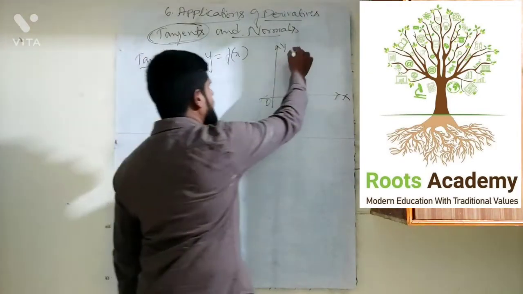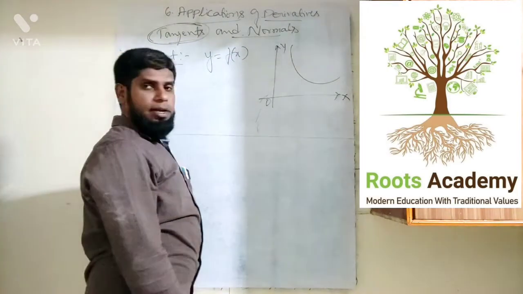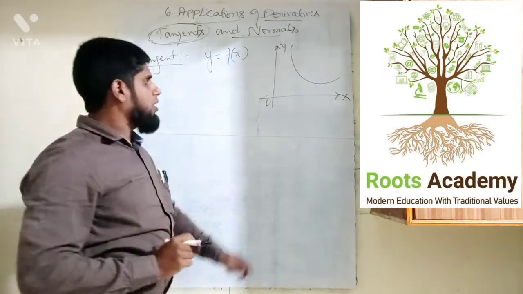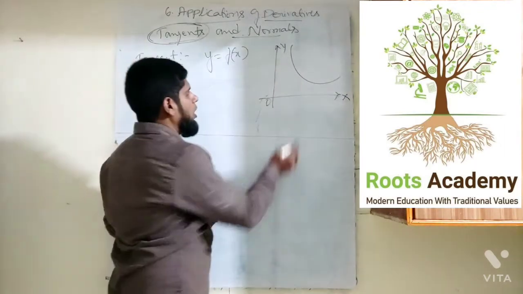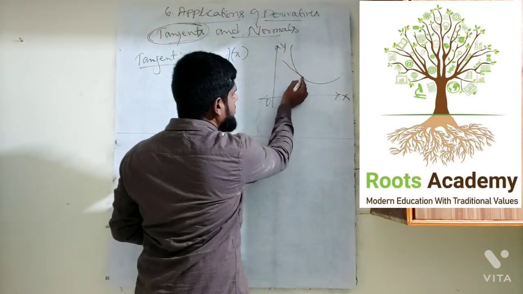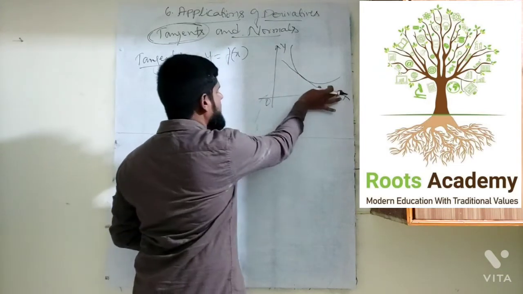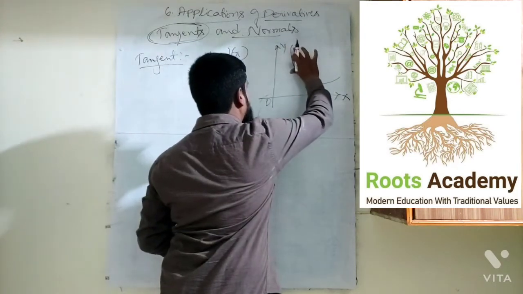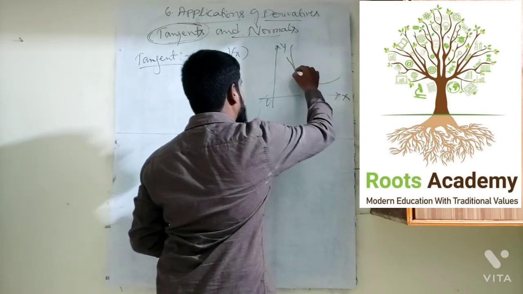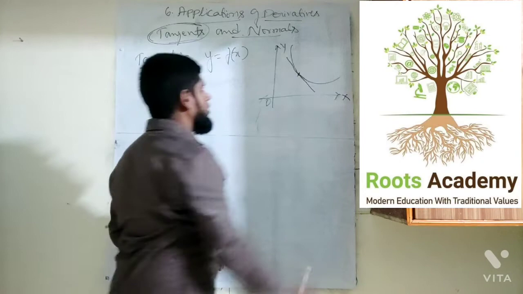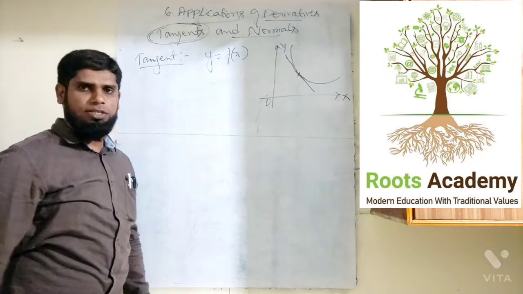If the graph of this function is like this, then a line which touches a single point of this curve is a tangent.